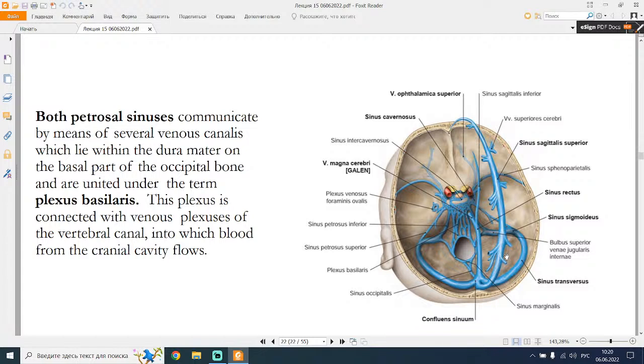Into the sinuses drains venous blood from the brain.